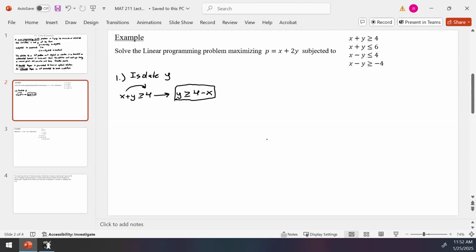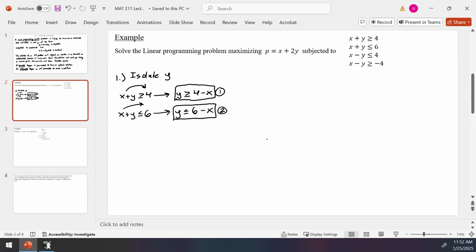Then I just keep doing that for all of them. The next one: x plus y is less than or equal to 6. I'm going to move the x over, and I get y is less than or equal to 6 minus x. And that should be a 1, not a 2. Like that. And this is equation number 2.